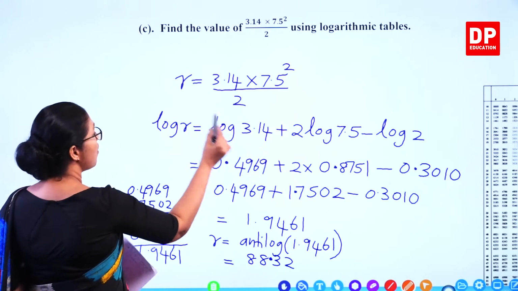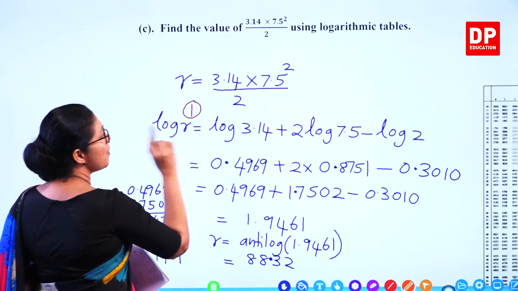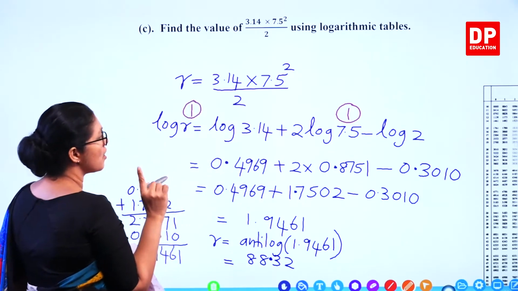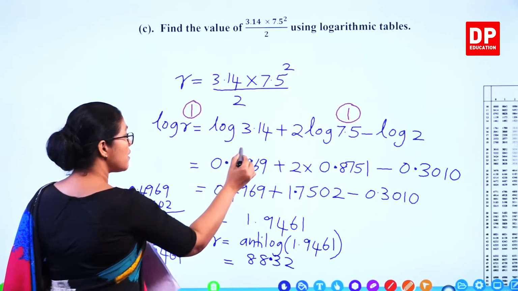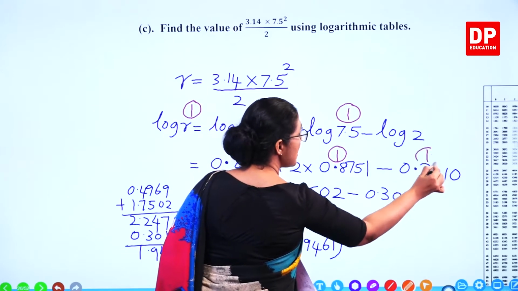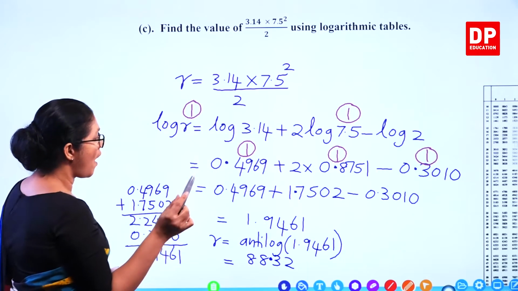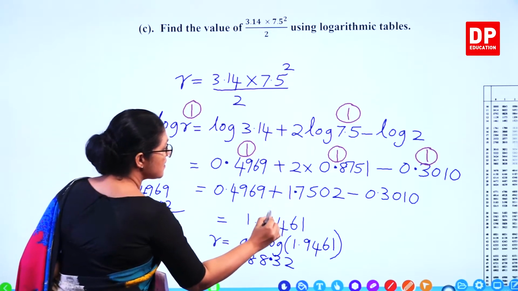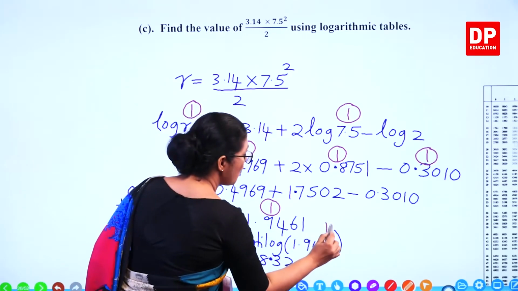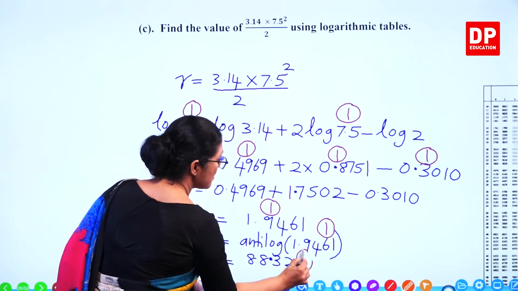Taking log, 1 mark, and here addition and subtraction, 1 mark. So 2 marks there. And you are definitely getting 1 mark each for referring the table. 1, 2, 3, 4, 5. And then 1 mark again for adding that and taking the antilog value and getting the correct answer.